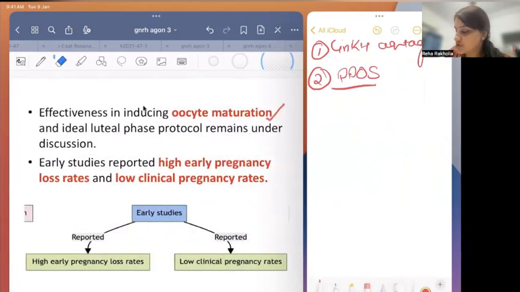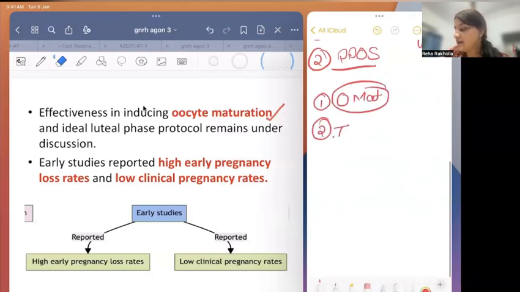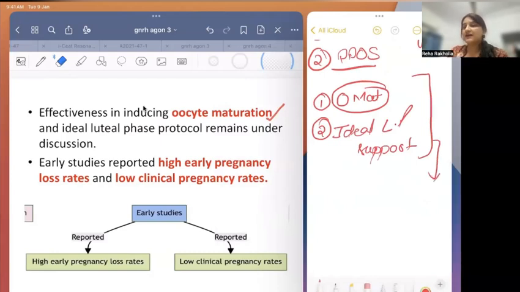Now, oocyte maturation with GnRH agonist triggering and ideal luteal phase support are still in discussion. Do we get more matured oocytes or not? This is in discussion.